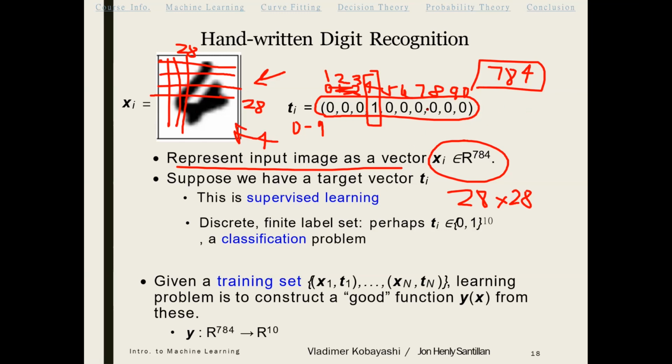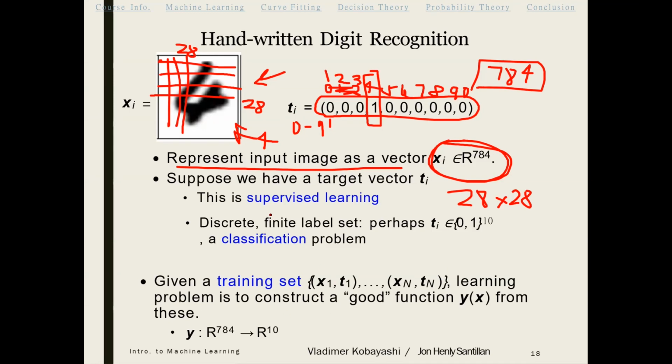So that's how we represent. Now, kung 1 naman yan, dito lang yung 1 and the rest will be 0. Okay? So na-represent natin siya into an input vector of length 784 and a target vector of length 10, wherein 1 yung element doon sa position kung ano yung number natin dito.